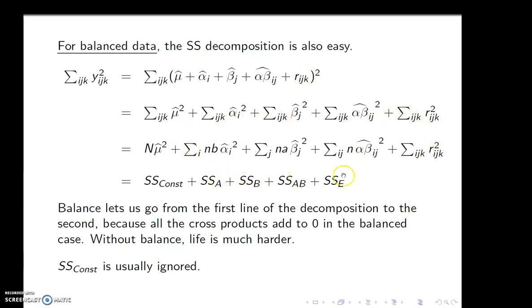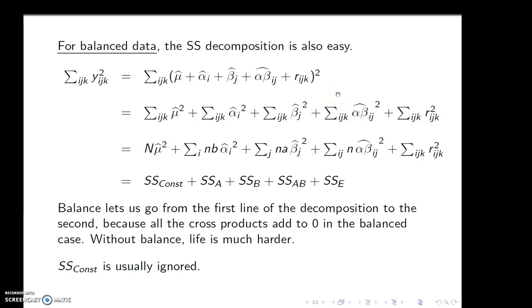If we multiply this all out, we would get the grand mean squared, the main effect squared, the main effect for B squared, the interaction effect squared, and the residual, that's it, residual squared, but we're missing something. Okay, algebra, what's missing? All those interactions, the cross products, I guess I should say. All those cross products are falling out.